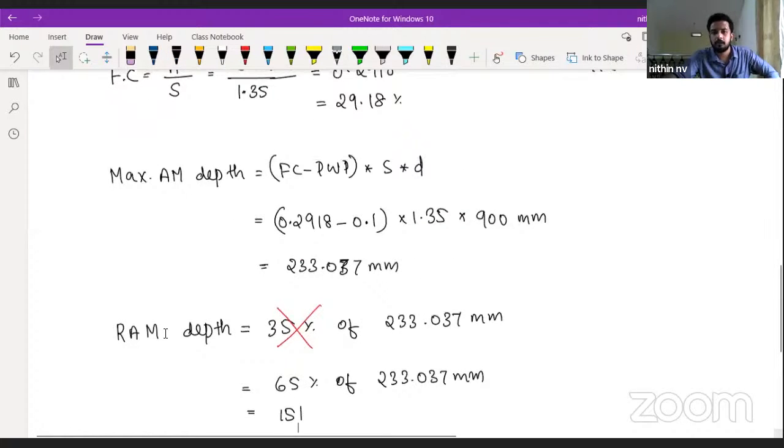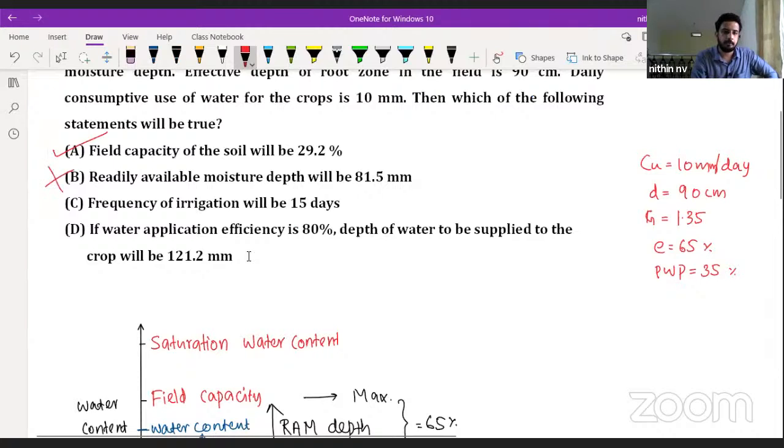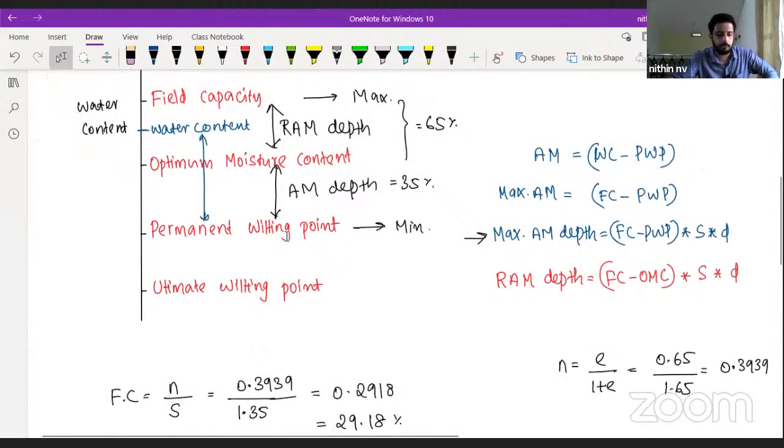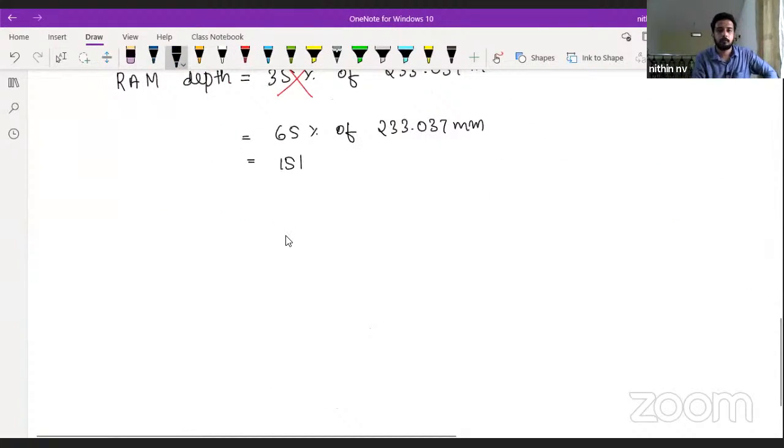What they have given, it is going to be wrong. Please comment how much this value is, 151 point. 151.037? Okay.